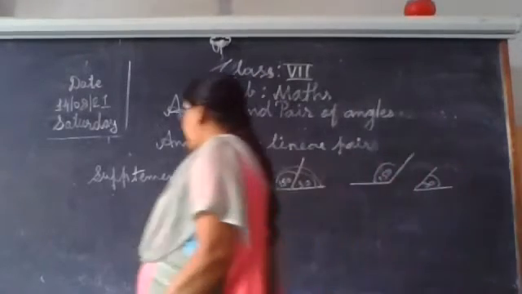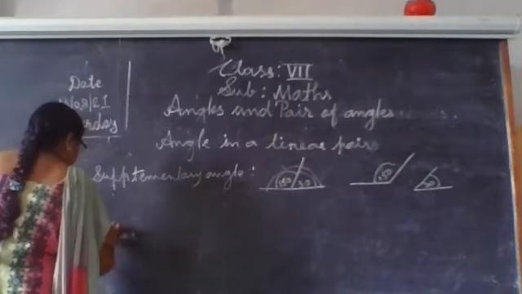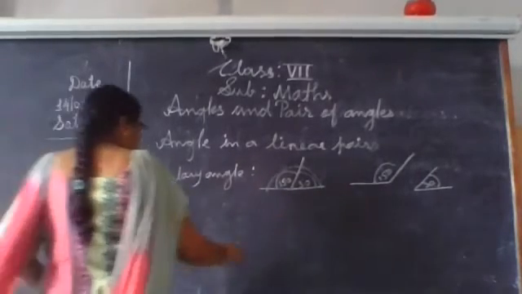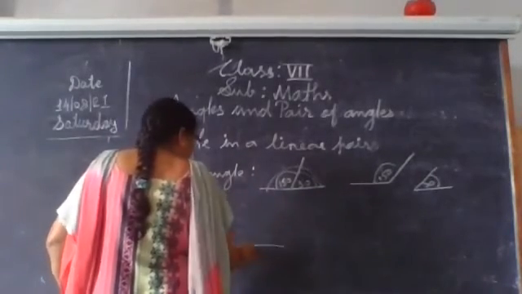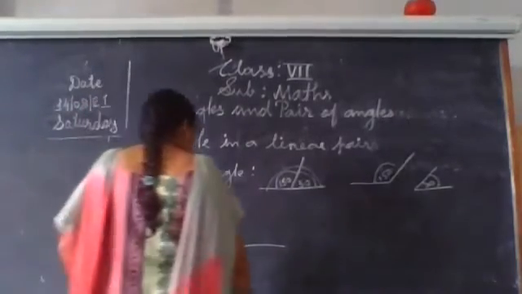Now see linear pair. Again in the linear pair, the sum of two angles is 180.